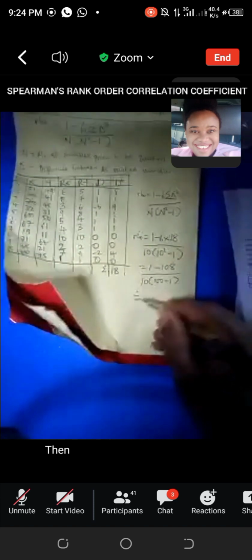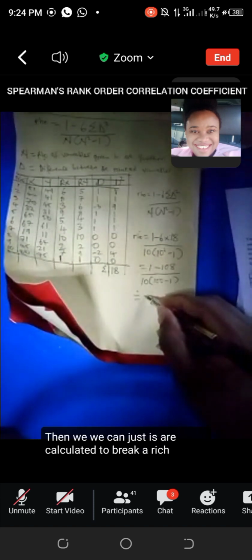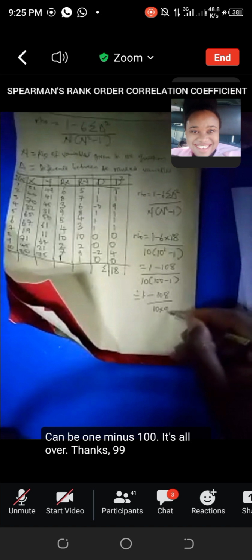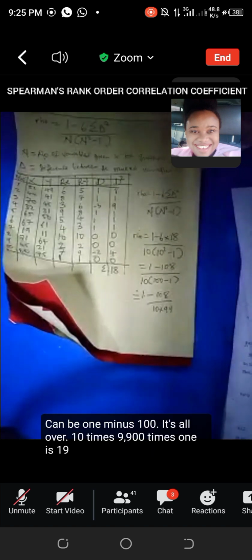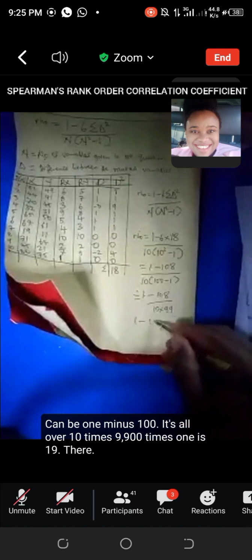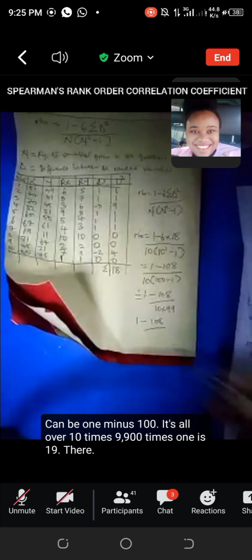Then we can just use our calculator to break everything down. So it will be 1 minus 108 all over 10 times 99. 100 minus 1 is 99. Then 1 minus 108 over 990.